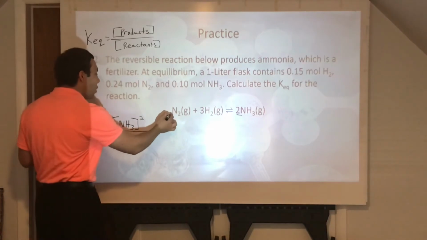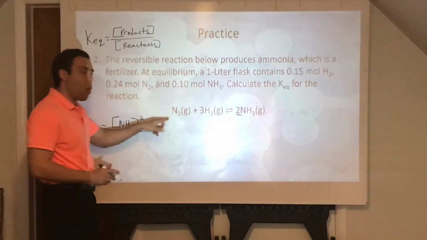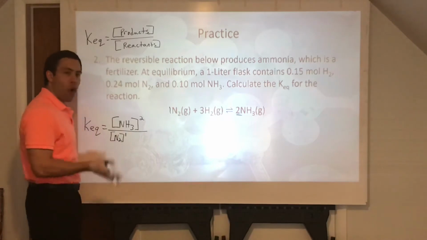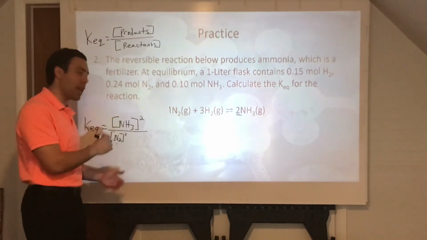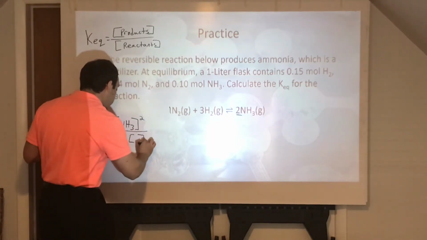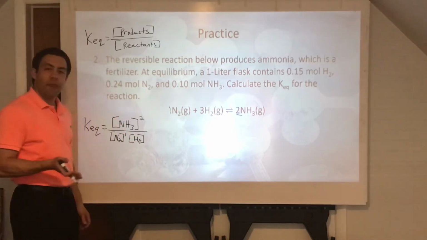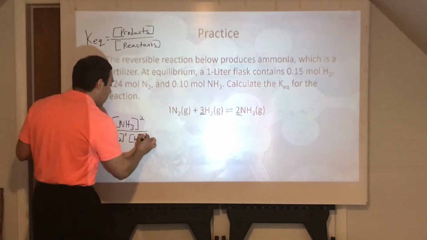We have N2, which does not have a coefficient, so it has an imaginary 1, which means we don't have to write the coefficient. Once again, anything raised to the first power is just the same number, times H2. We look to see if H2 has any coefficients. It does, so we're going to raise that to the third power.